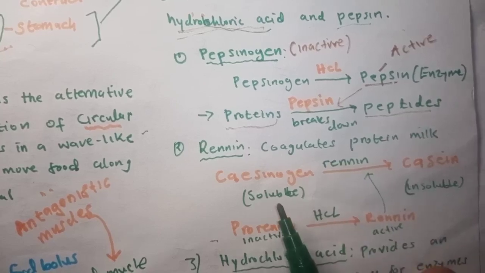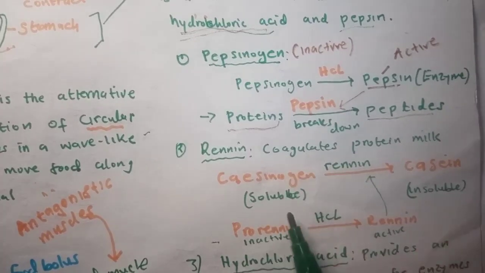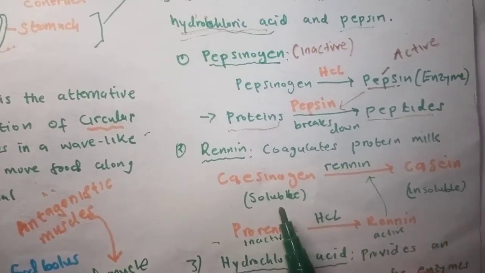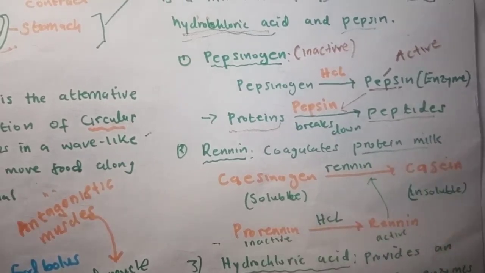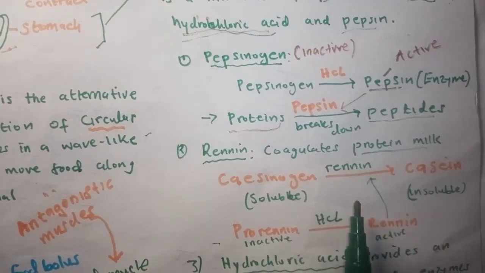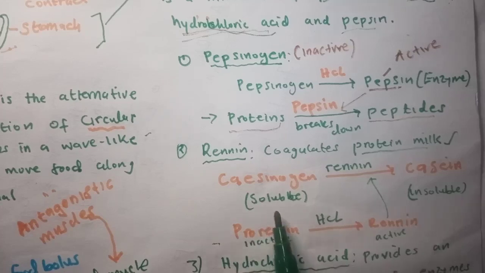If it's soluble, it will be absorbed into the system really quickly. This soluble milk protein is called caseinogen. Renin helps especially in babies, since babies only depend on breast milk, and breast milk contains caseinogen.